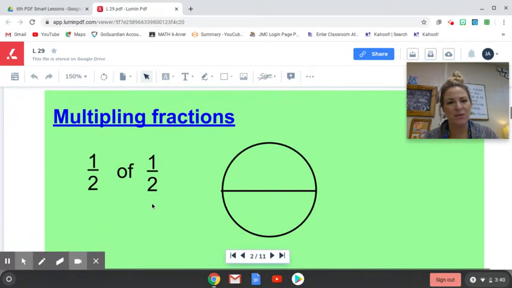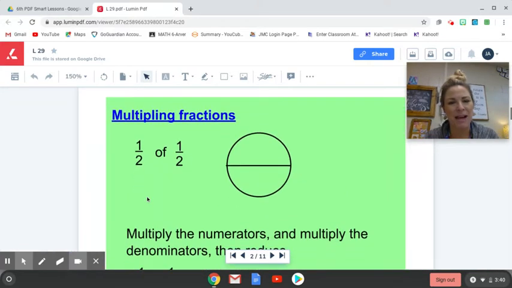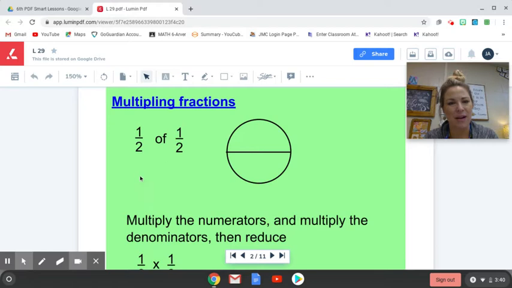As we scroll on, I'm just going to zoom out a little bit here. I'm going to ask you to take a look here. When we're multiplying fractions, for example, they say 1/2 of 1/2. In math, anytime you see the word of, we're talking about multiplying. It's really one of those buzzwords that means multiplying. Of means to multiply.